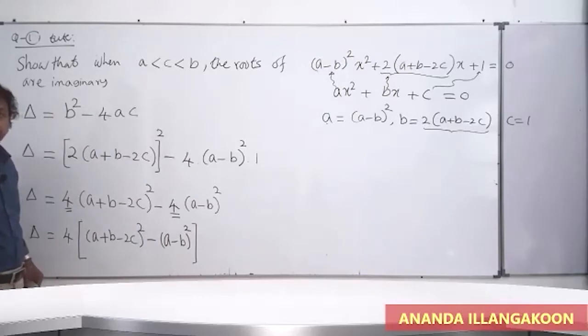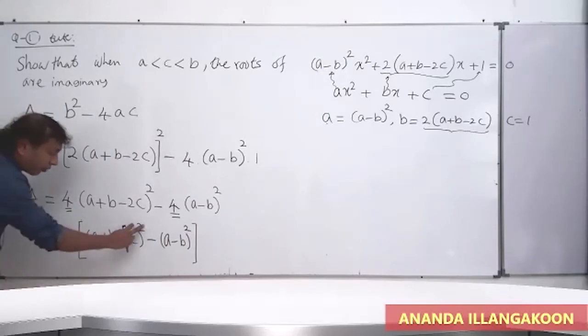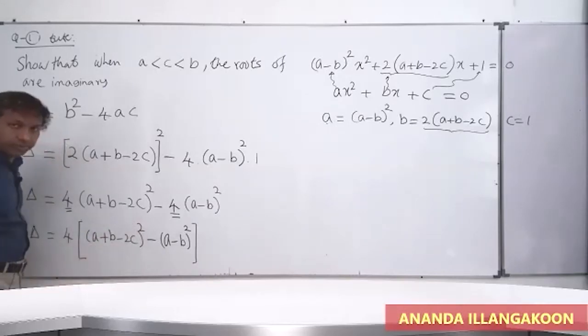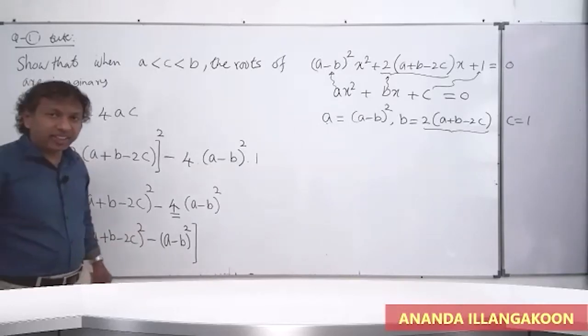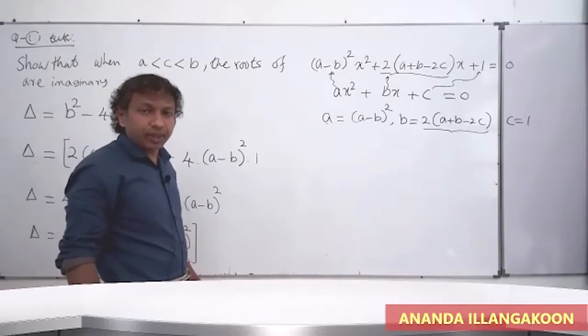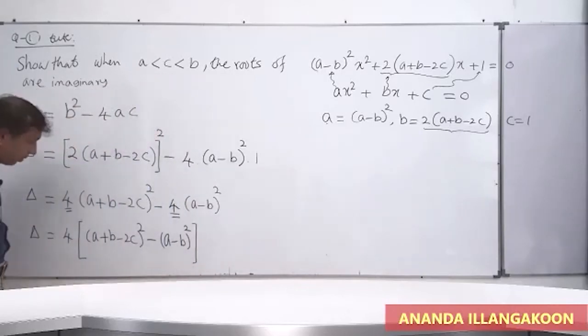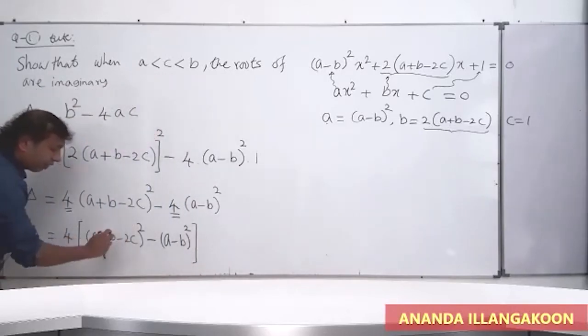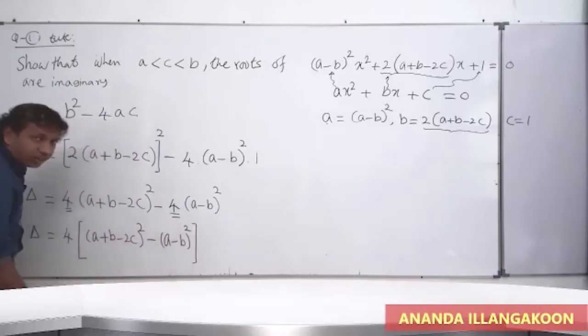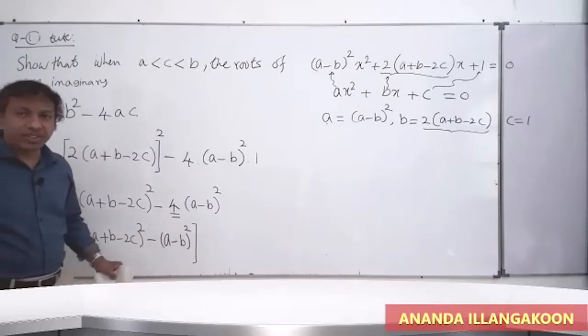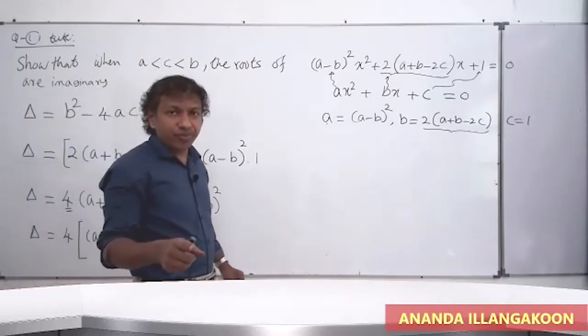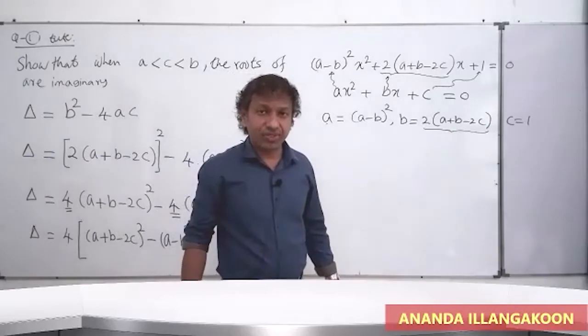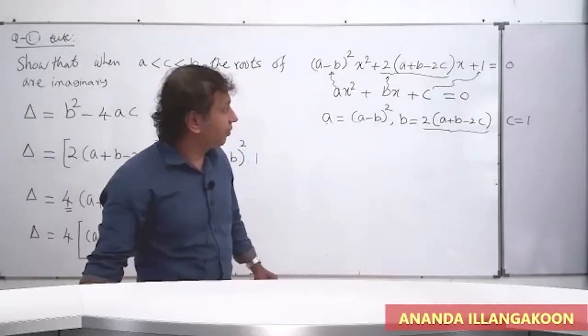People, now don't go to square this. We can very easily simplify it like this. Here we have a perfect square, in the middle we have a minus sign, and here we have another perfect square. So this is a difference of two squares.